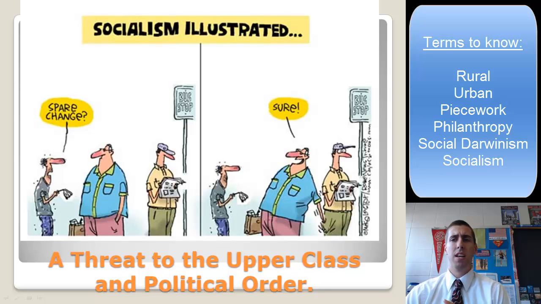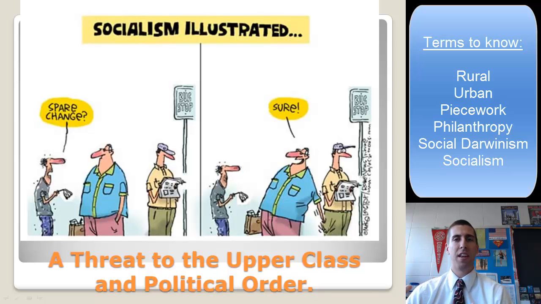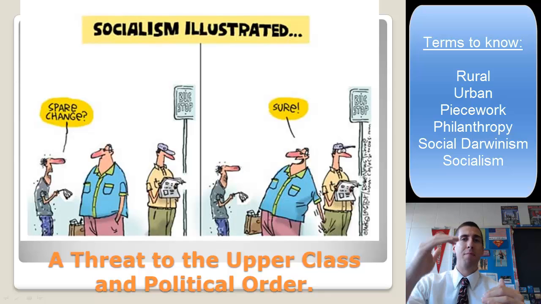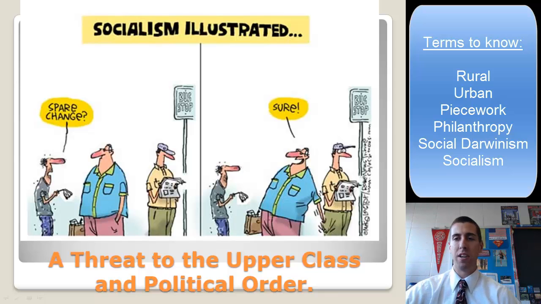So here's socialism illustrated, and this is why a lot of people didn't like it. The upper class who was in power saw the redistribution of wealth as a major threat to them and a threat to political order. So if you redistribute wealth, well, the top 9% of people who own 75% of the nation's wealth, it's like someone's going to be reaching into their pocket to give money to the poor who don't have money, to try to even out this disparity and get a level playing field.